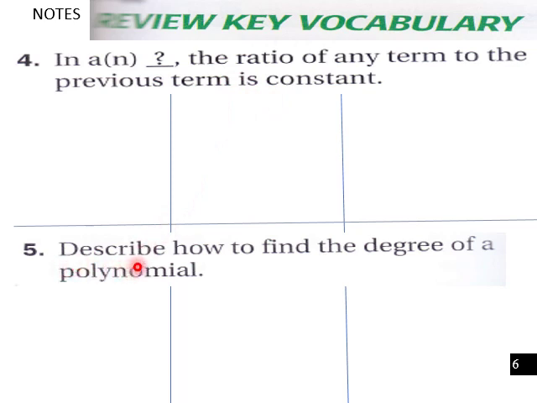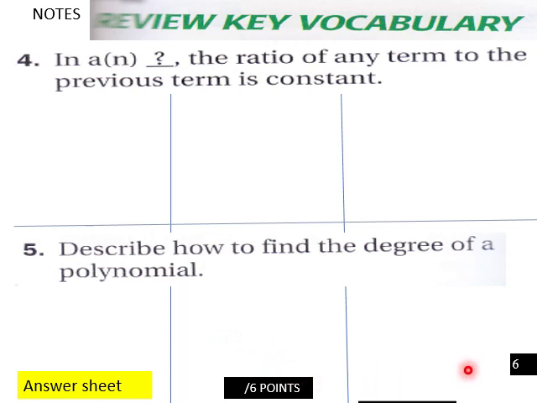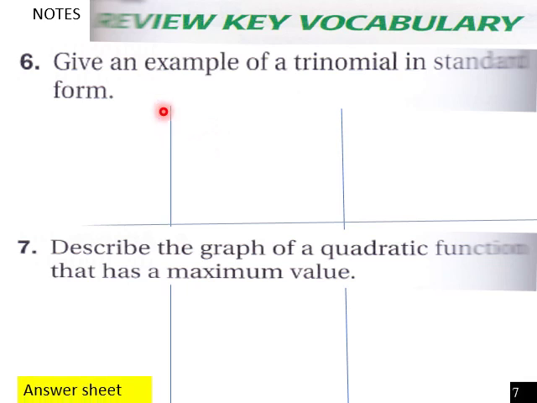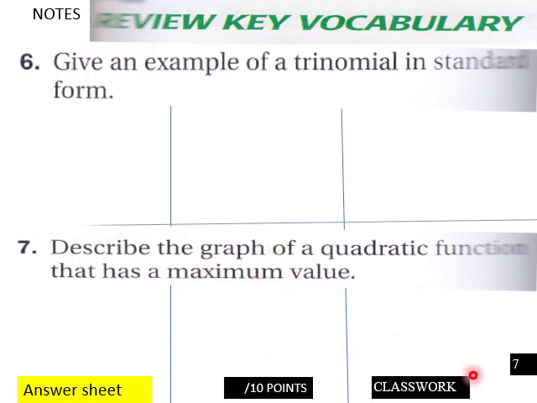And then number 5, describe how to find the degree of a polynomial. And that is 6 points here for page 6. And then page 7, give an example of a trinomial in standard form. And then number 7 here, describe the graph of a quadratic function that has a maximum value. Describe it. You got 10 points here for page 7.